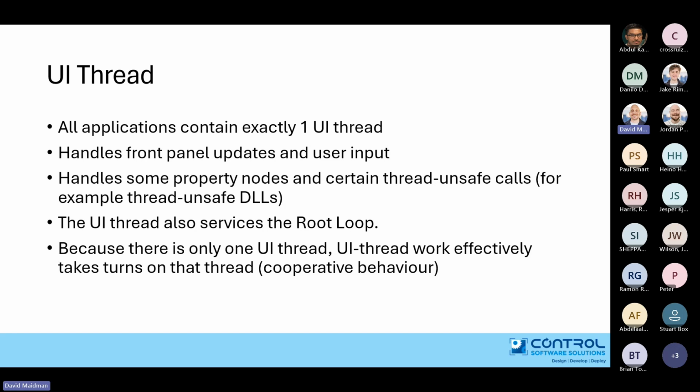Often the root loop requires the user interface thread to be idle. So the user interface thread, when it's idle, will then switch to servicing the root loop. It has to complete that operation before switching back.